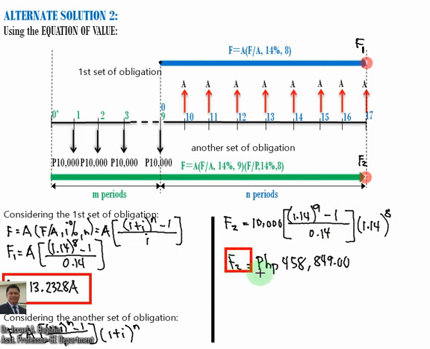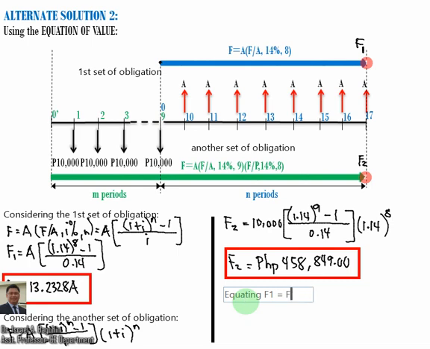So after this one, we are going to equate, no? This F1 equal now to F2 actually. So equating F1 equal now to F2.